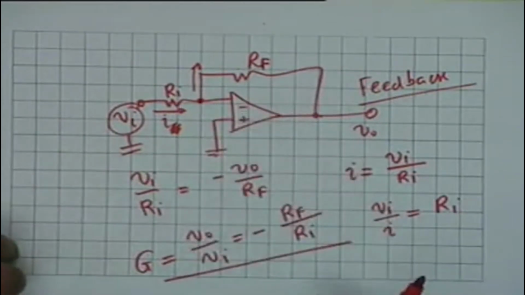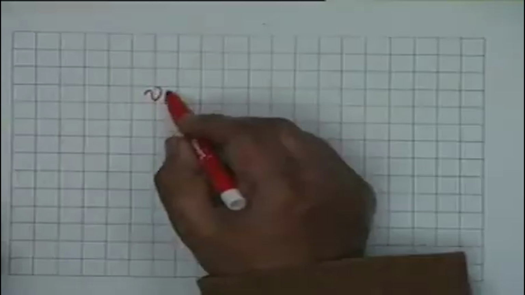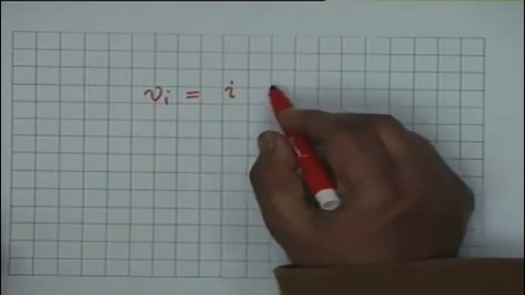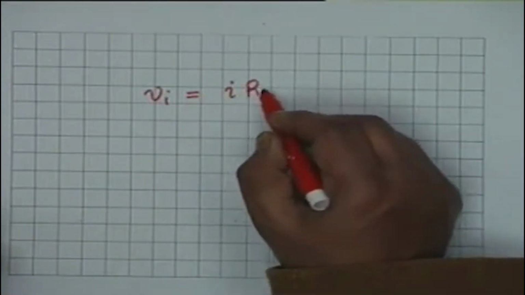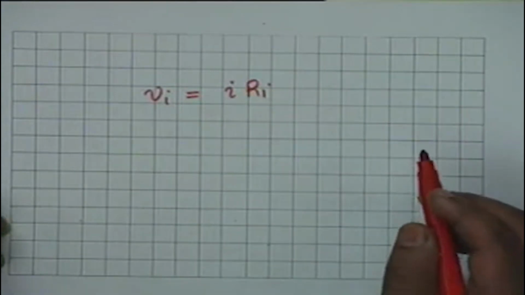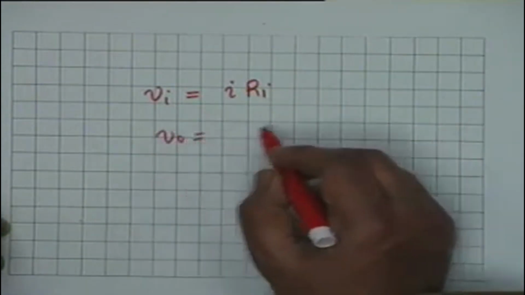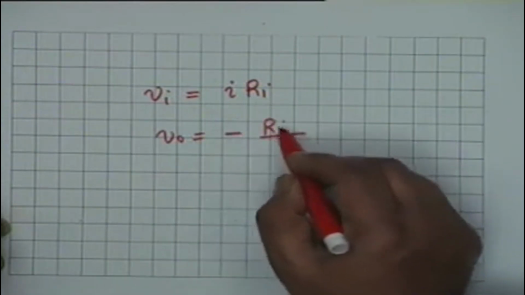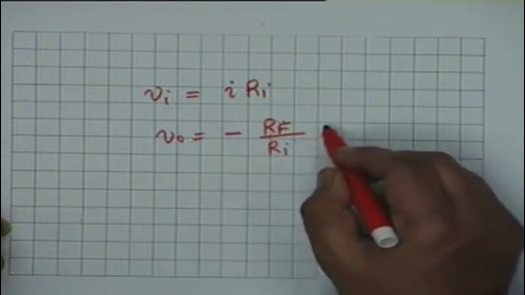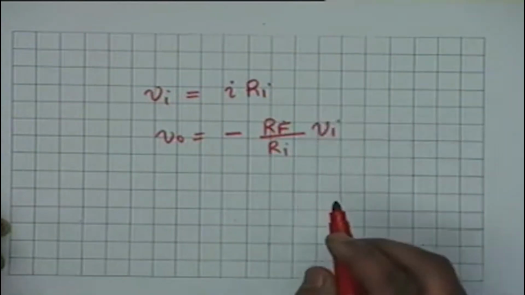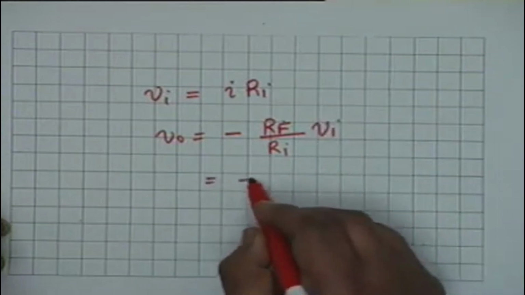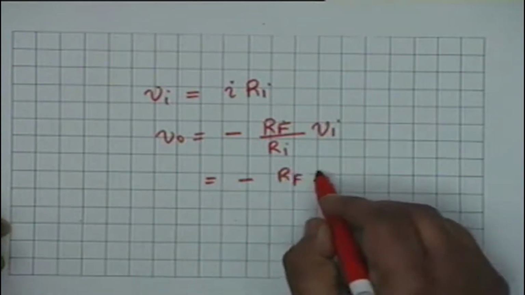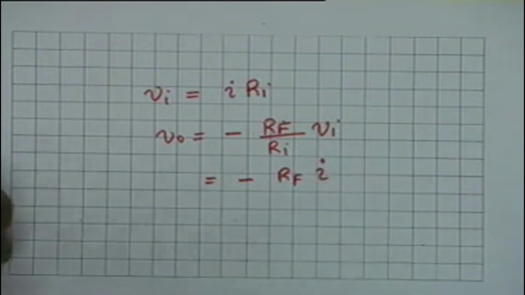And if that is so, then we can make a very useful analysis, that is, Vi is equal to I times Ri, and V0 is equal to minus Rf divided by Ri times Vi. Therefore, this is equal to minus Rf times I. Is that correct?